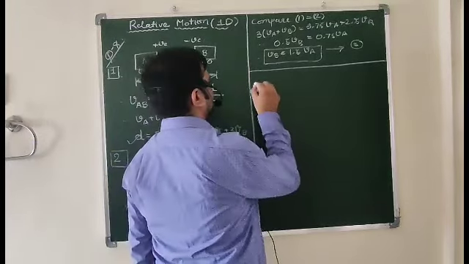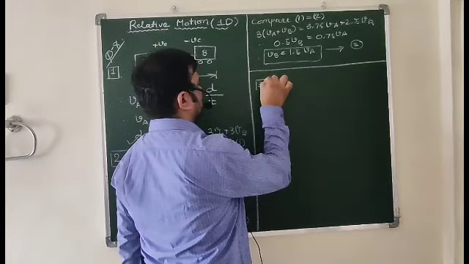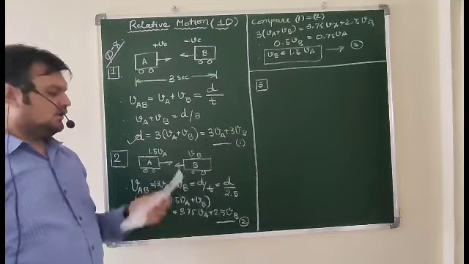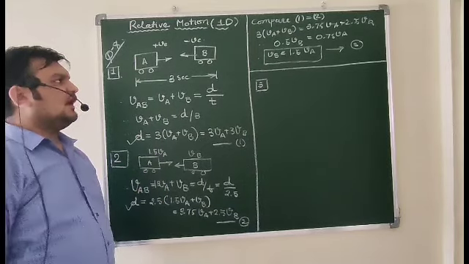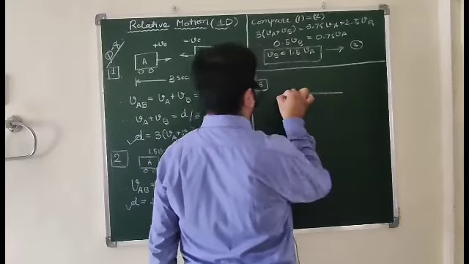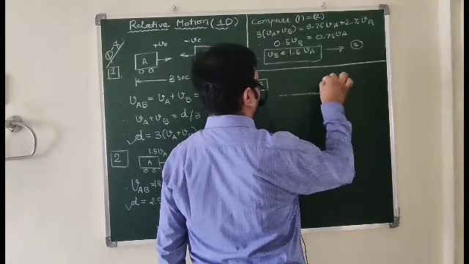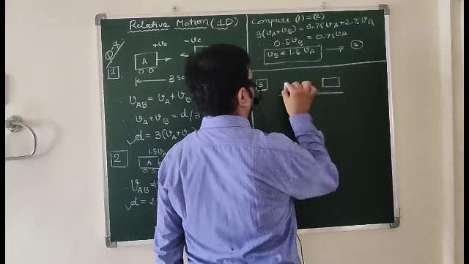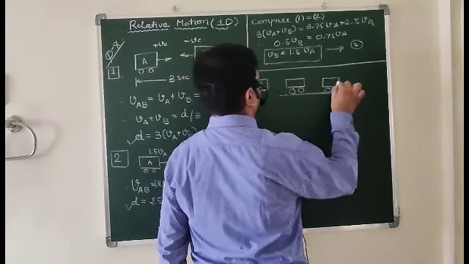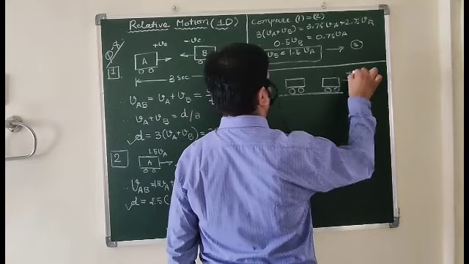So here in case number 3, when both the trains are moving in the same direction, the direction is same.